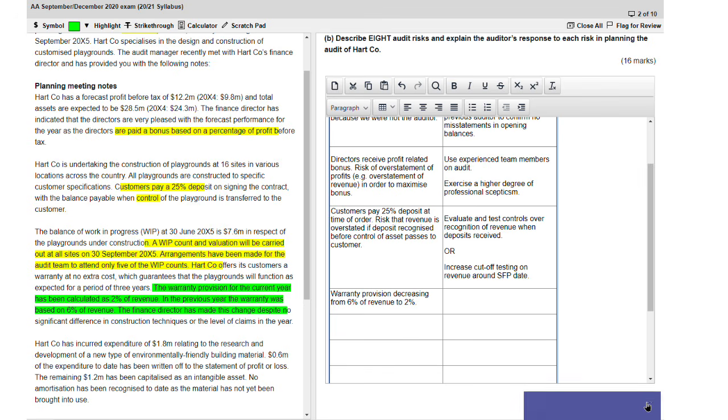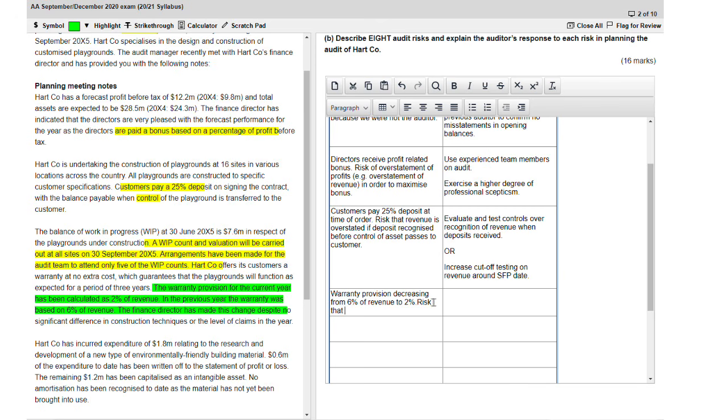So 6% of revenue to 2% appears to be unjustified. Therefore, risk that, well, you could say the provision is understated. I'll go for that.